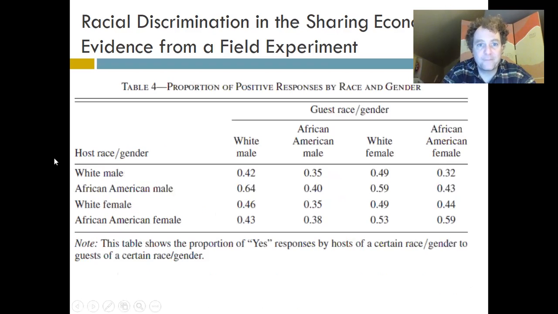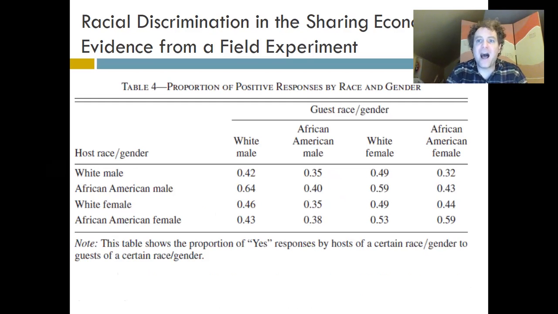What else is interesting is that they actually looked at the race of the host. So now the question becomes, is it not just white hosts that are more likely to rent to white guests, but are African American hosts also more likely to rent to white guests? And I found this a bit surprising, in that the answer is yes.